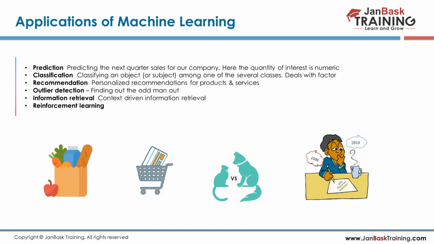Labeled means your output is given there. Those are the classes. The number of classes is the number of different outputs you are going to get. So in this pet data set, the dog, the cat, the parrot, the tiger, there are four classes of outputs.